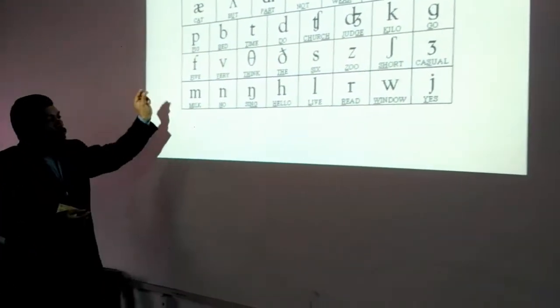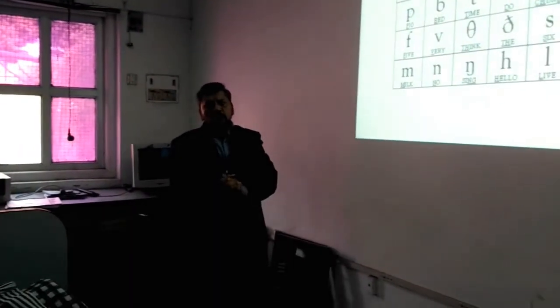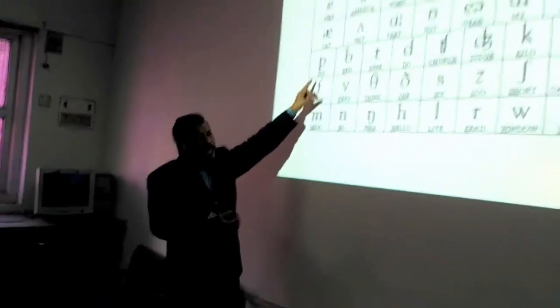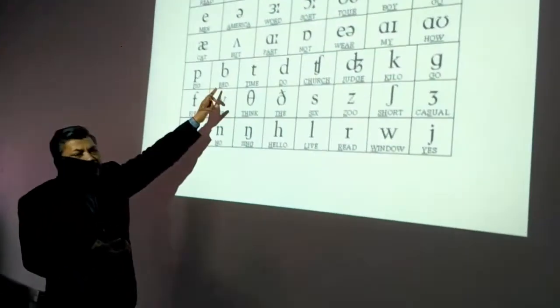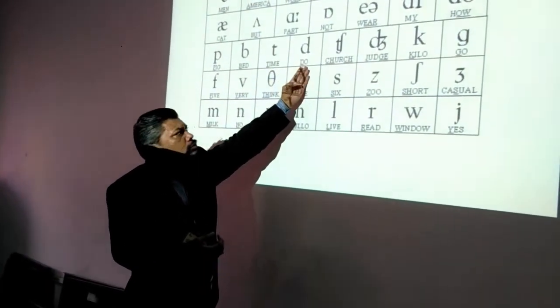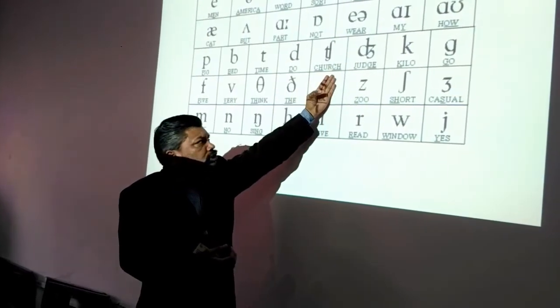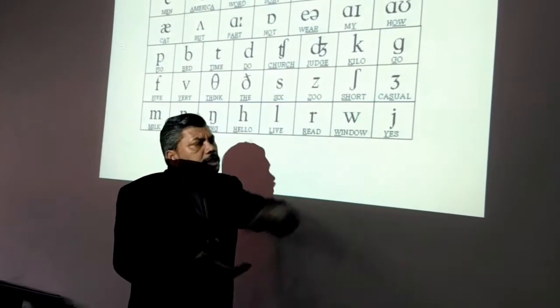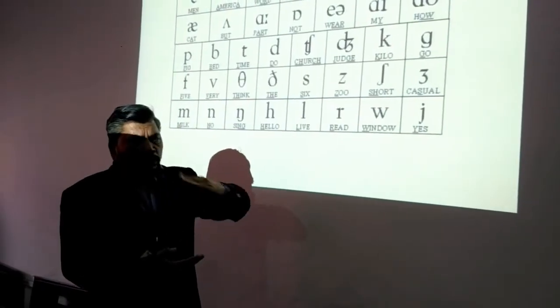Let us have a practice with that sound for consonants again. Pa in pig, ba in bed, ta in time, da in do, cha in charge, ja in judge, and then ka in kill, ga in go.